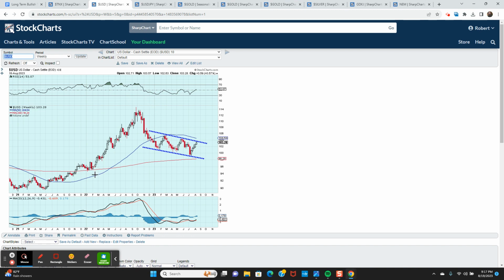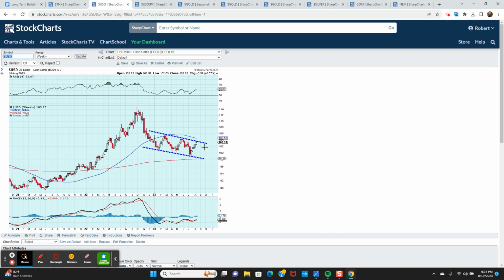Certainly for something like the US dollar, this is a very big move, very aggressive move, and a very aggressive down move at the end of 2022 off of the high it reached in September of last year. Since bottoming, or putting in sort of an emotional low in January, it wasn't an absolute price low, but it was kind of a washout low where it bounced pretty nicely for 6 weeks.